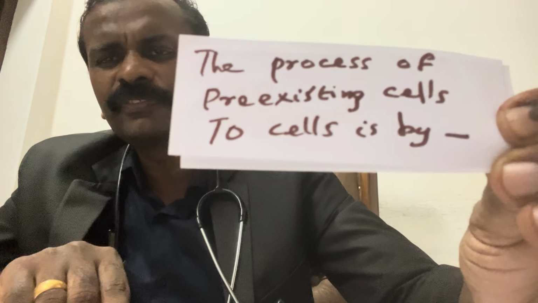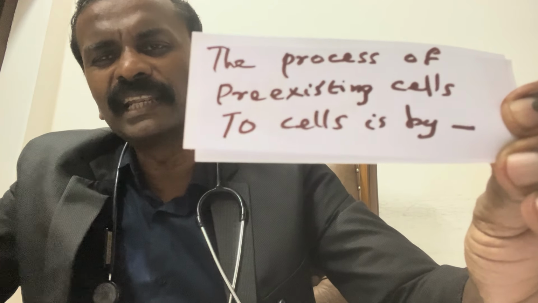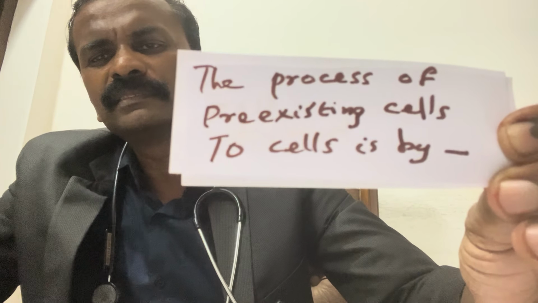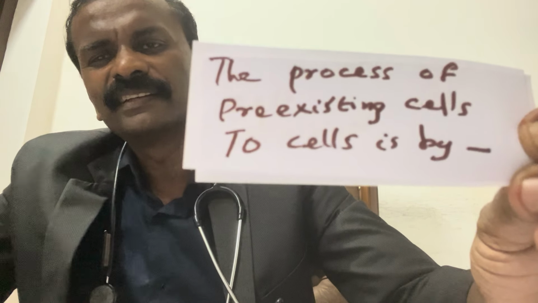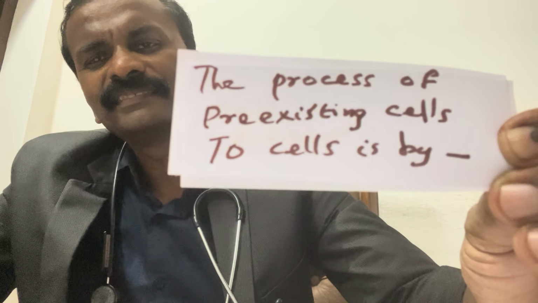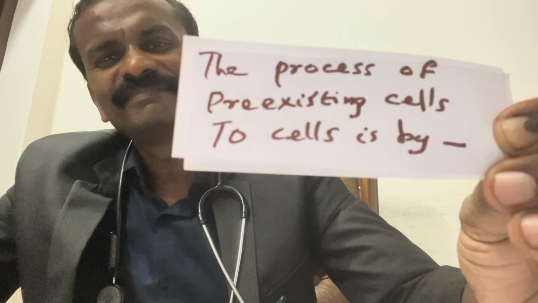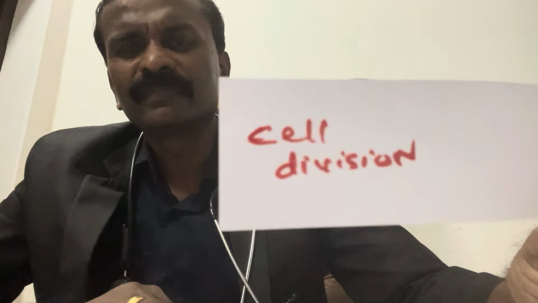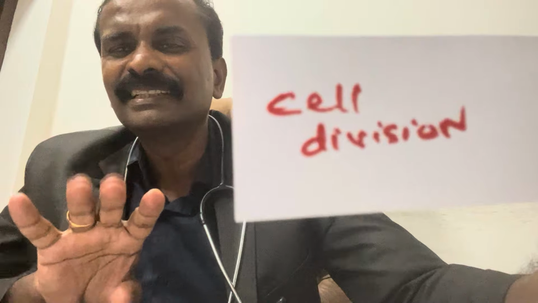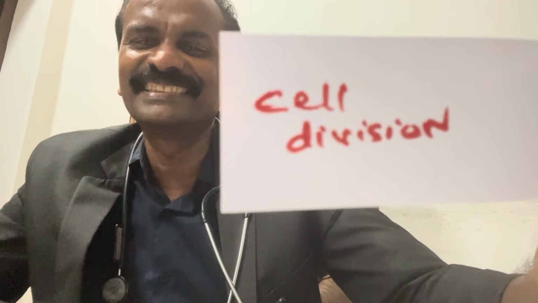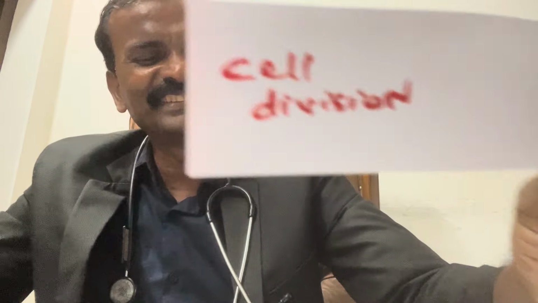The process of a pre-existing cell giving rise to a new cell is called, this is recall. This is the power of recall. It's called cell division. They'll give you 4 choices. That time it's very tough for you to answer. Okay. Cell division.